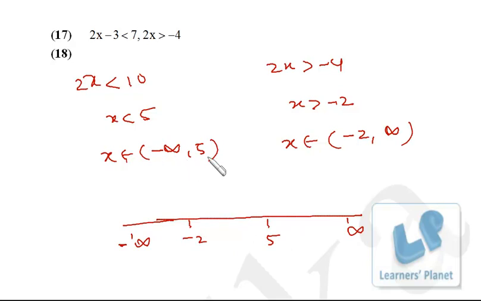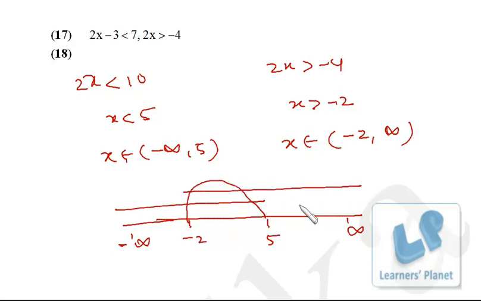So first of all minus infinity to 5, so that is this. Then minus 2 to infinity, so that's this. So what is the range that is common is minus 2 to 5. So that's your answer, as simple as that. You can take any value between minus 2 and 5. You'll see this is satisfied as well as this is satisfied.